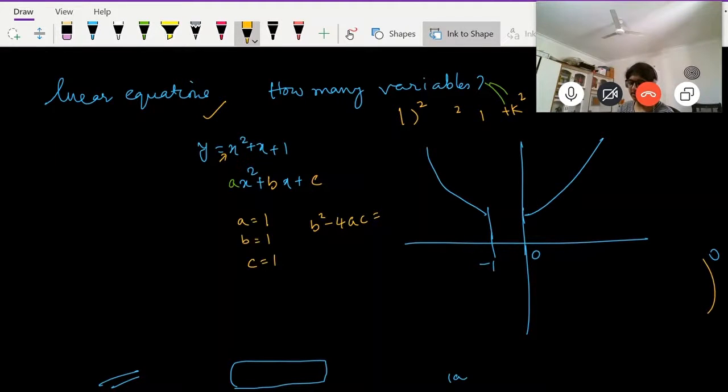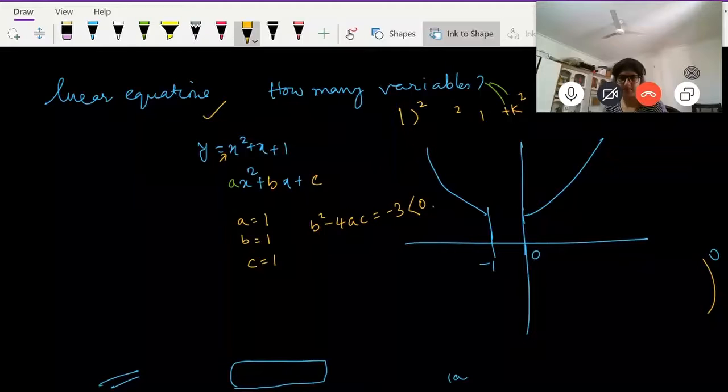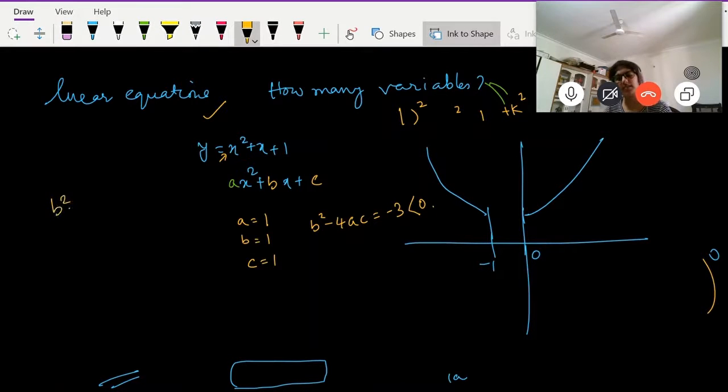Minus 3. So that means B square minus 4AC is negative. So will the curve touch the x-axis? No. B square minus 4AC has to be greater than 0.